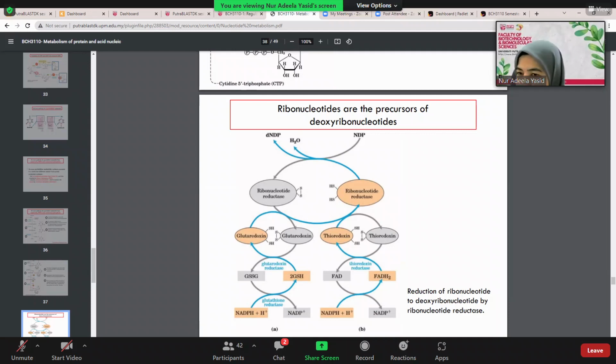I can't remember about RNR class 2, but RNR class 1 mostly occurs in eukaryotes and also aerobic prokaryotes. So RNR class 1 is the most widely used enzyme in eukaryotes.